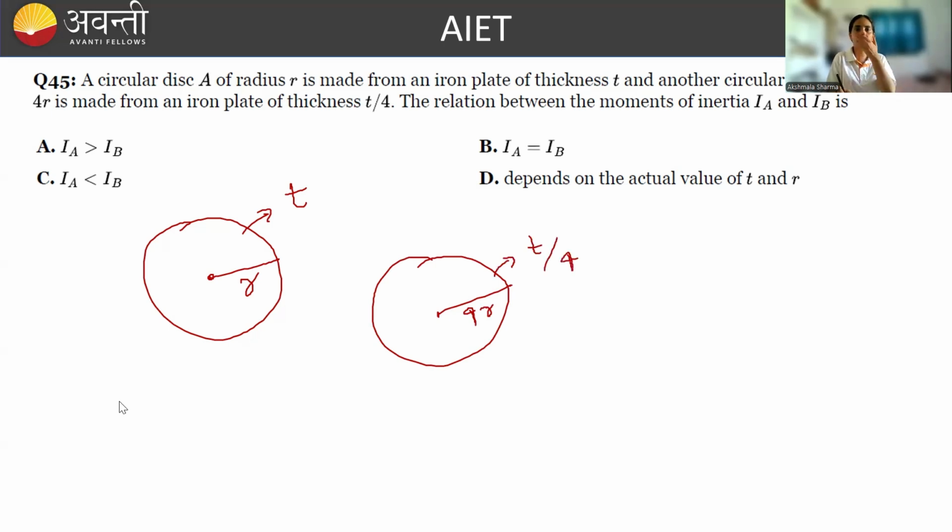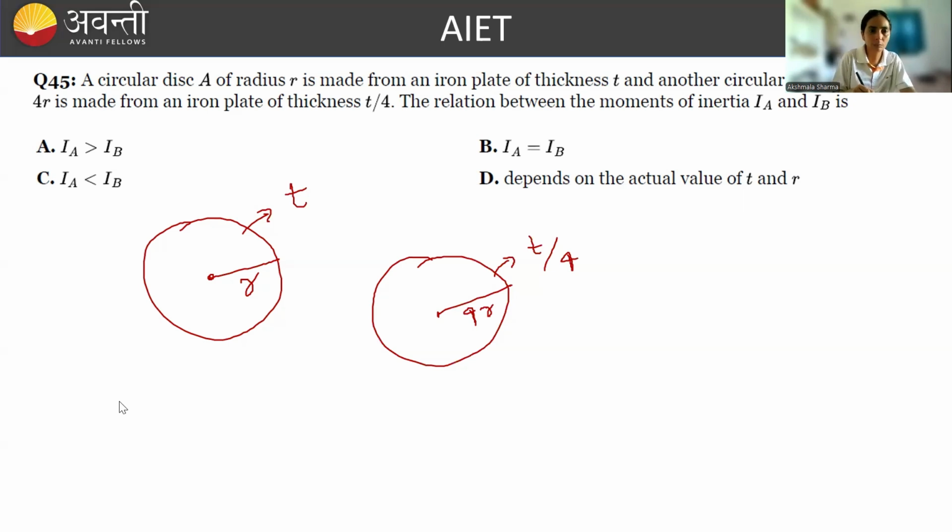What is the relation between the moments of inertia of A and B? If you have seen a 5 rupee coin, it is thicker. That is not a disc, that is a cylinder of certain thickness. So here also, if there is a disc and we are talking about its thickness, it means its geometry is that of a cylinder. And the moment of inertia of a solid cylinder is the same as that of a disc.